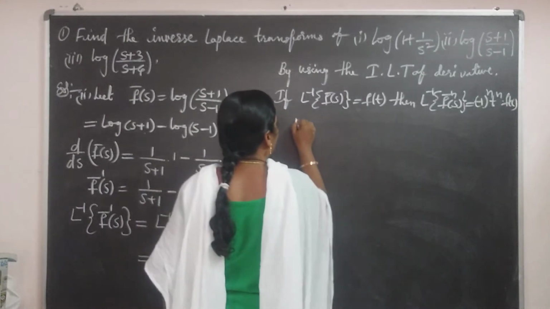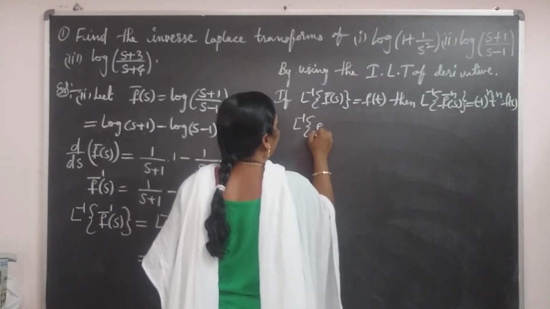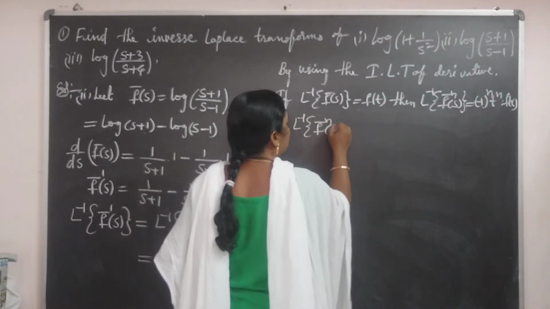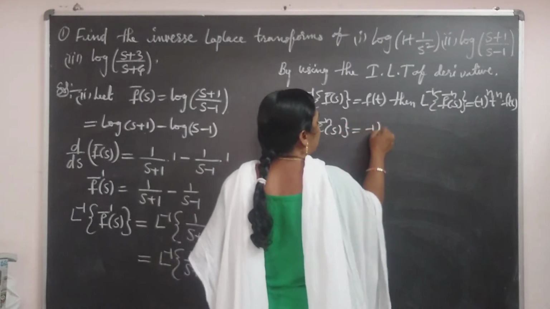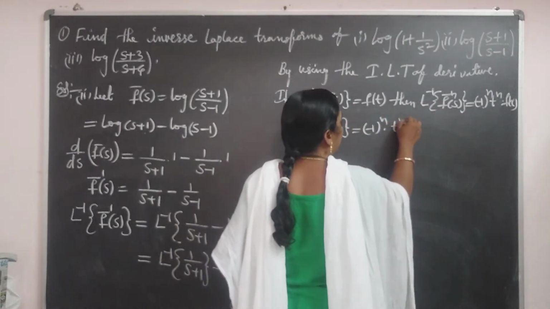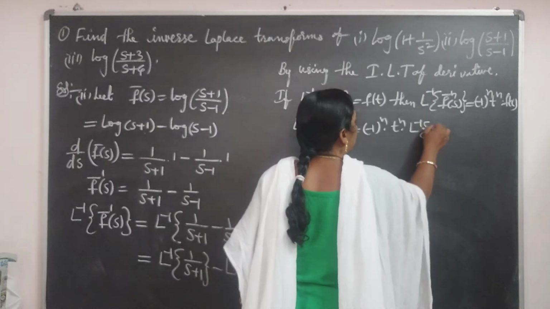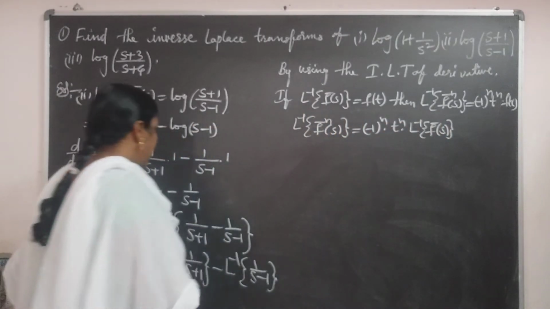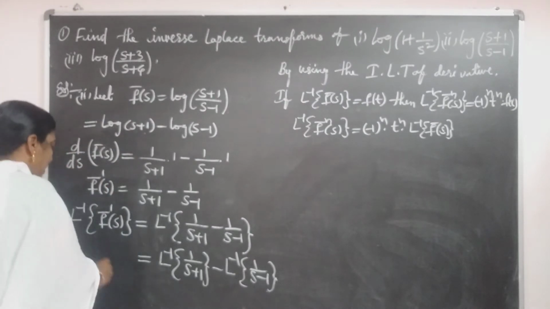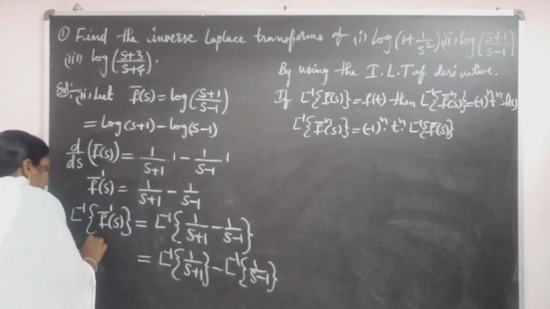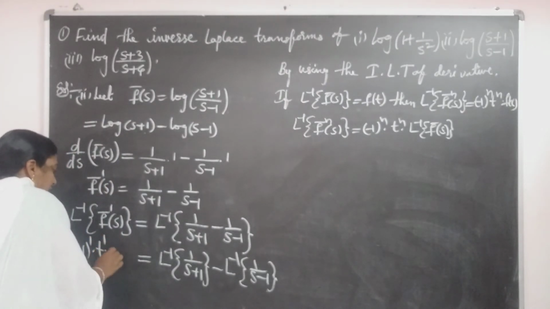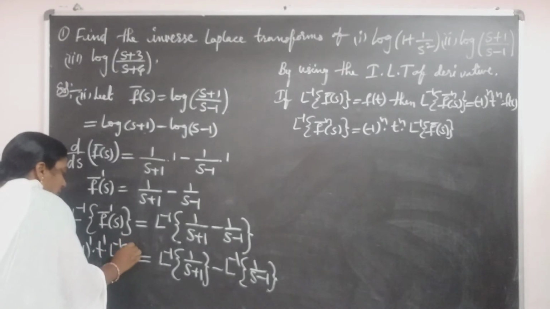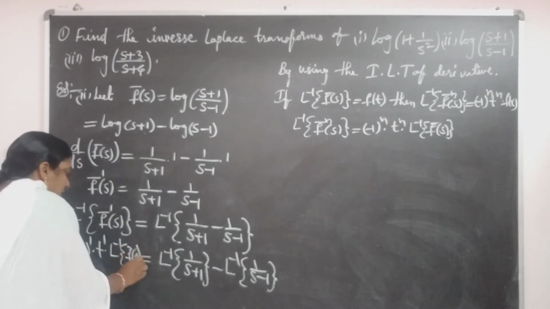That is nothing but L inverse of f bar n of s is equal to minus 1 whole power n, t power n, L inverse of f bar of s. Substituting here, we get minus 1 whole power 1 into t power 1 into L inverse of f bar of s.